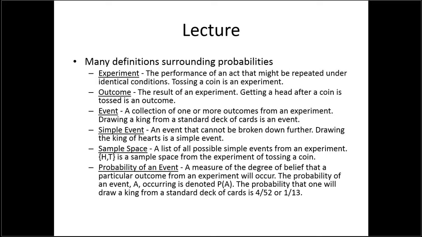If you take all the possible simple events from an experiment, that's known as the sample space. You have 52 different simple events in a deck of cards. That is your sample space. And the probability of an event, expanding on the definition from the previous slide, is a numerical expression of that event occurring.